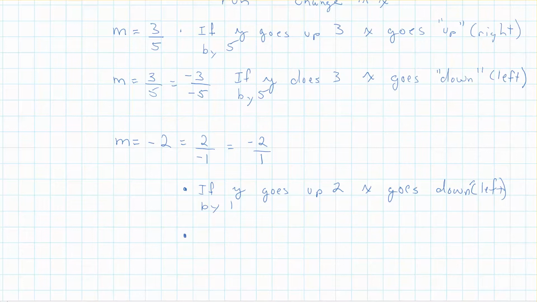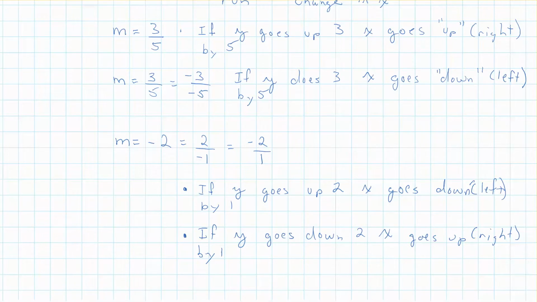And then the second one would be if y goes down 2, then x goes up to the right by 1. And so the slope here is really positive or negative. If the value is positive, it means you would go up for that. And if it's negative, you're going down or to the left for that.